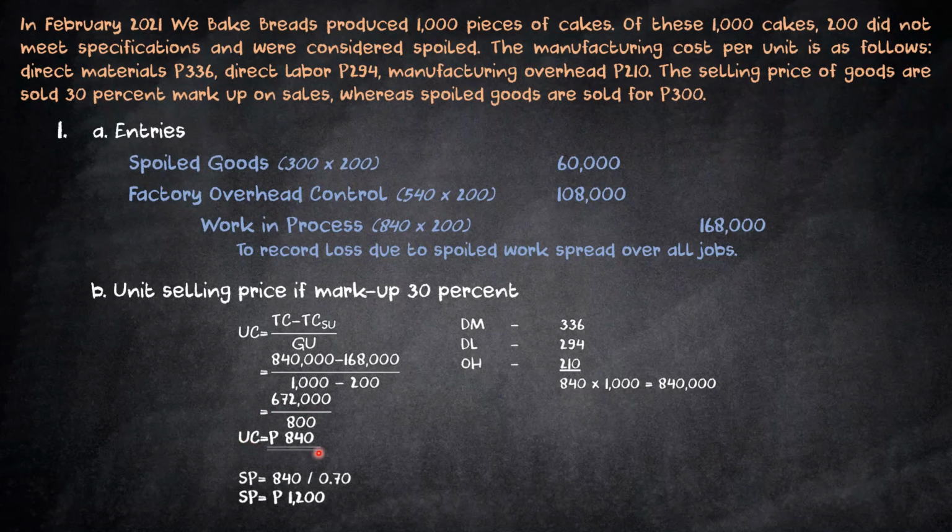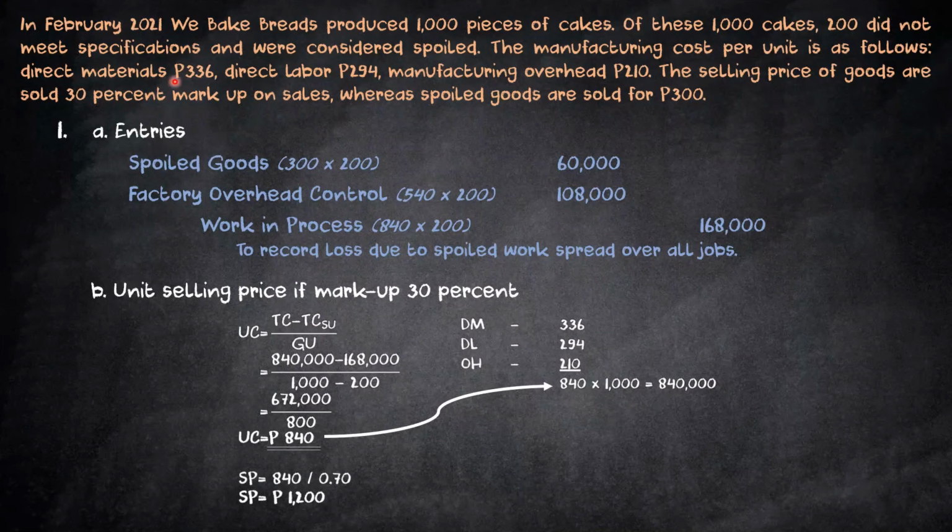Kung mapapansin nyo po, pareho lang siya with our total manufacturing cost na original. So, this gives us a clue na kapag spread to all jobs, wala na pong magbabago sa ating mga unit cost. So, halimbawa, pag nagpa-exam at tinanong, spread to all jobs, wag na po tayong mag-compute.